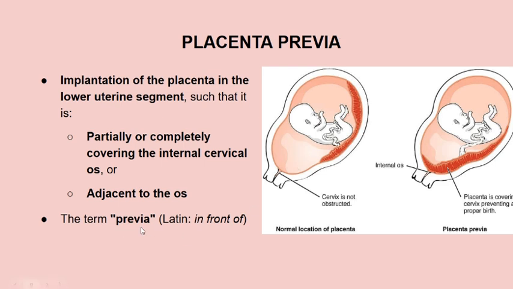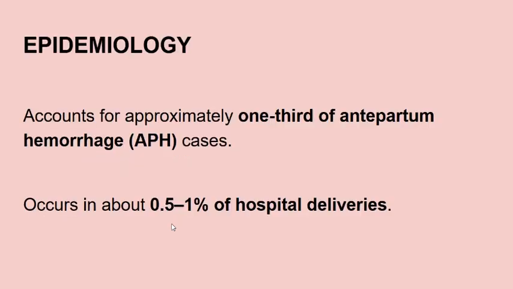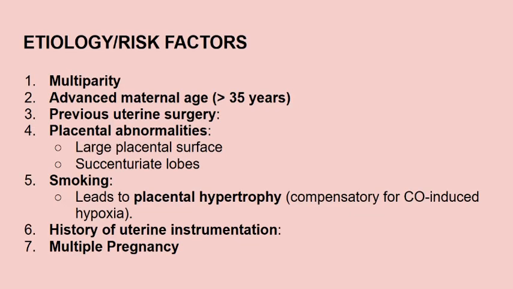Previa comes from a Latin word which means in front of. Generally, it affects 1/3 of antepartum hemorrhage cases, and it occurs in about 0.5 to 1% of hospital deliveries. Some of these incidence rates may vary from country to country, hospital to hospital, center to center.